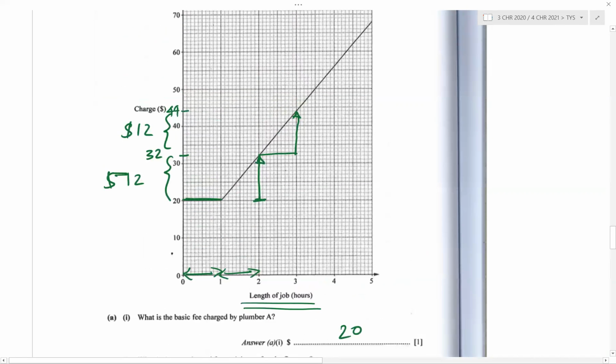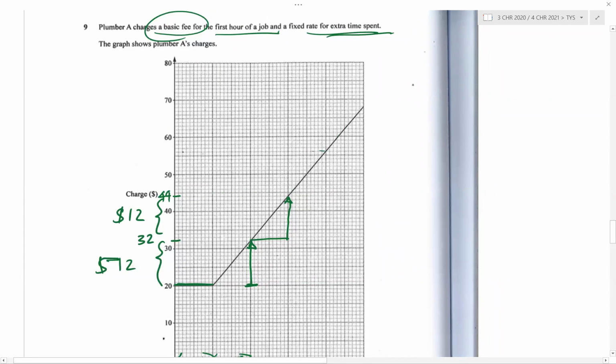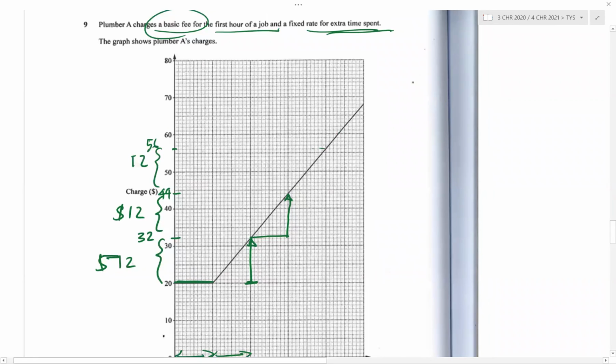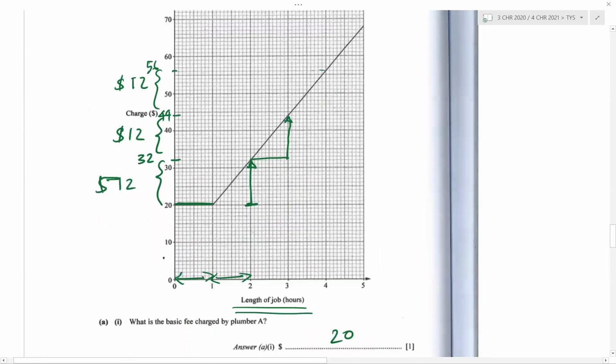We had to minus, from 20 to 32, that is $12, 32 to 44, 44 to, if you look at the next hour, 56. So that's another 12. Okay? Another 12 and another 12. It's going to be constant as expected.